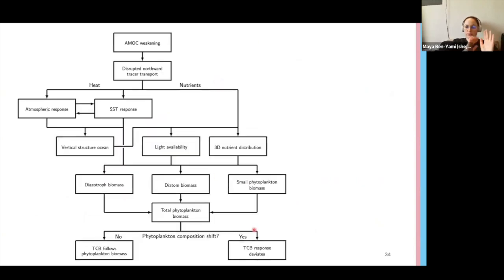So it's the composition shift where you get the deviation, and you said that this deviation can be both bad and good, and you think that in the subpolar gyre it's a good response in some way. Do you have more details about that? What makes it a good or a bad response, this deviation?